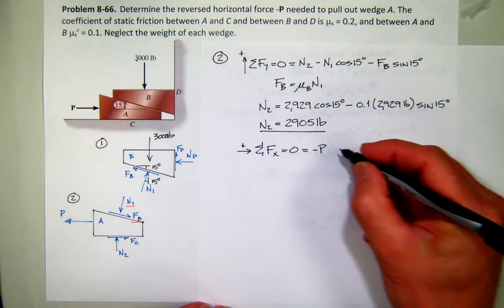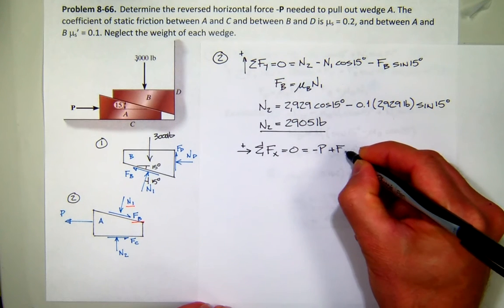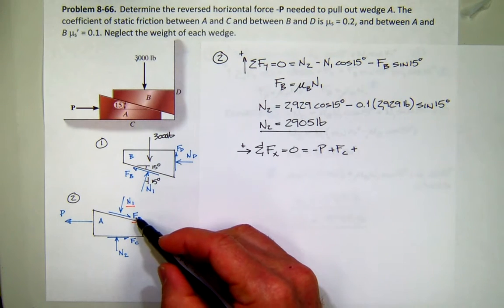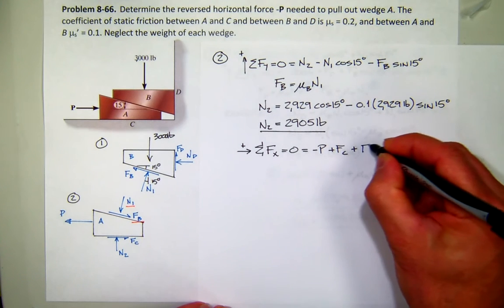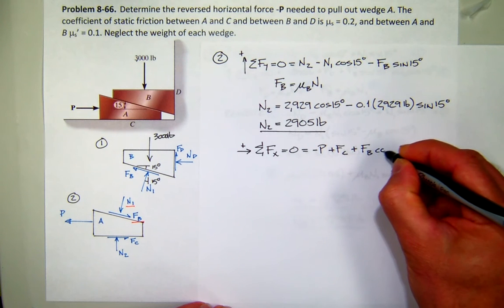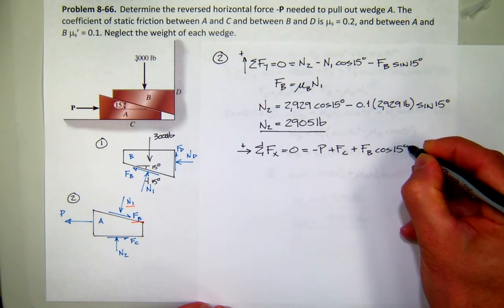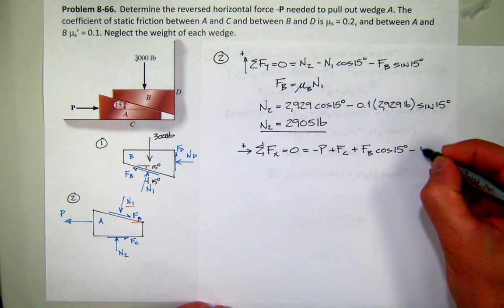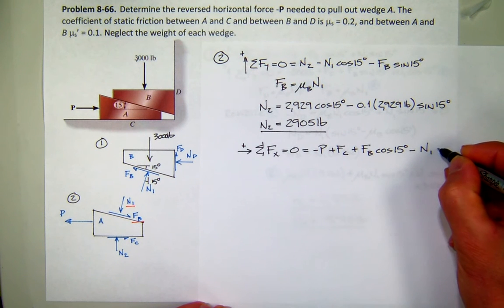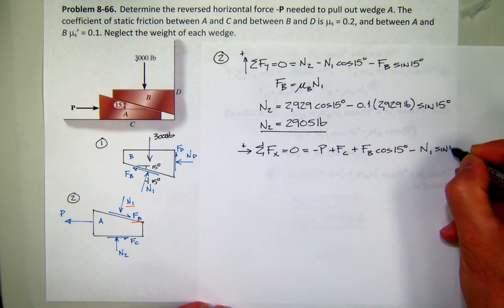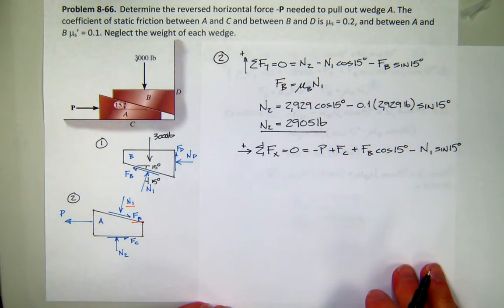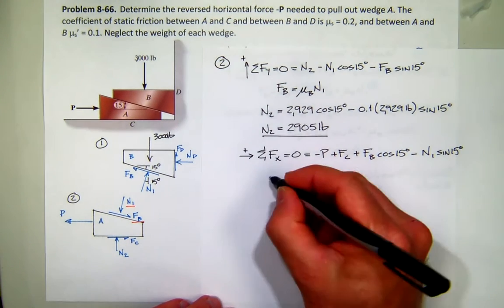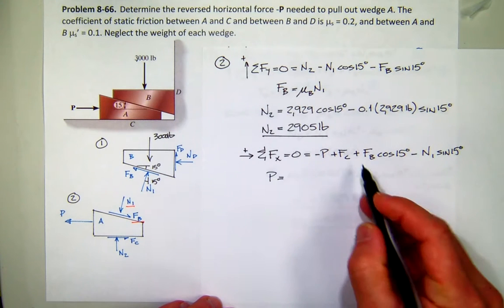So it'll be the force at C plus the horizontal component of the friction force at B. That'll be cosine 15. And then the normal force is to the right, so that'll be normal 1 sine 15. So P is going to be equal to all that.